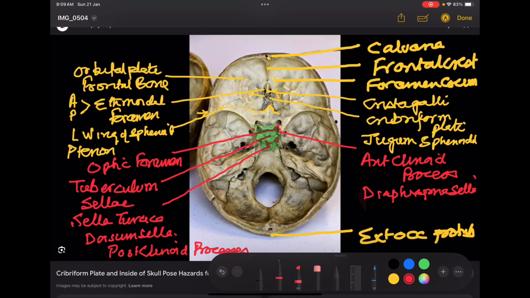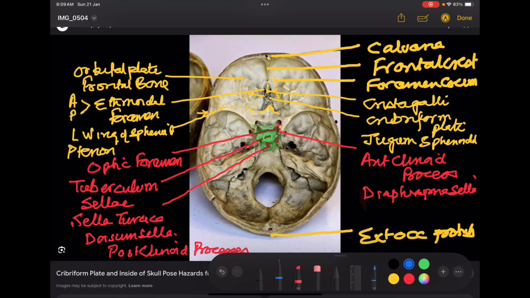And this diaphragma sellae has a hole in between it, from which the hypophysis of the pituitary gland, which is lying in the sella turcica, connects to the hypothalamus, which is called the hypophysis cerebri. So this is the structure in the middle of the middle cranial fossa.